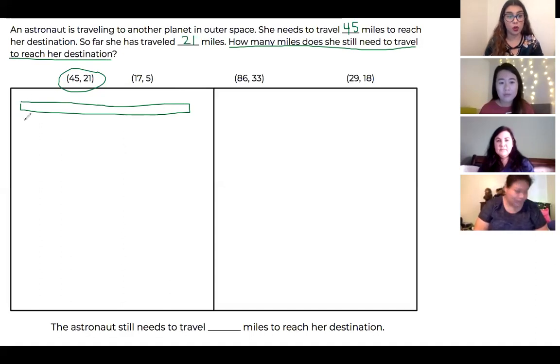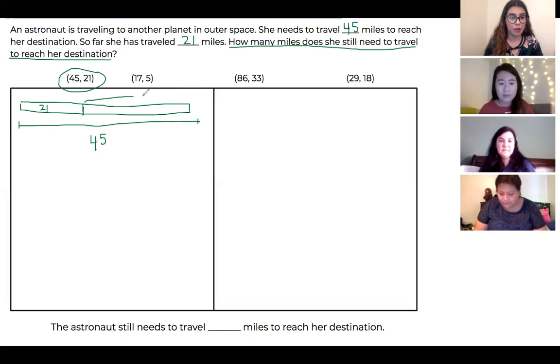So her whole would be the 45 miles, correct? 45 miles as the whole, but she has already traveled about 21 miles, but we're trying to figure out how much more she needs. So what this amount is. So how many more miles she needs to travel to make the total 45-mile journey.